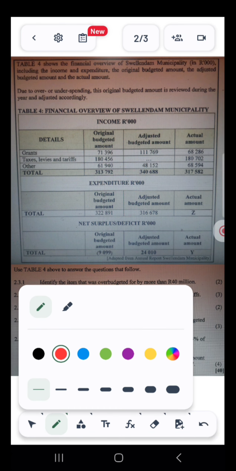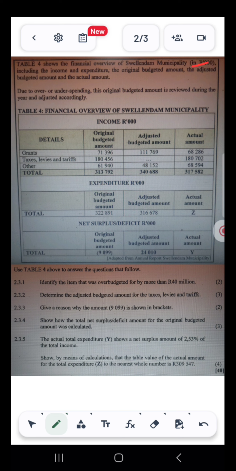The thing inside the bracket, the R'000, right? That's what it means. Including the income and expenditure, the original budgeted amount, the adjusted budgeted amount, and the actual amount.